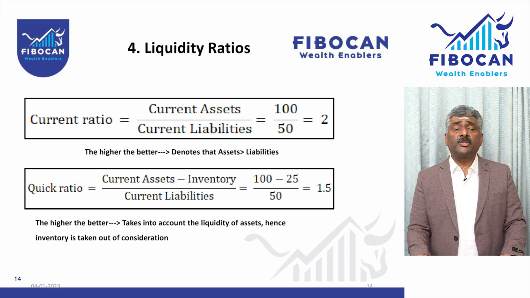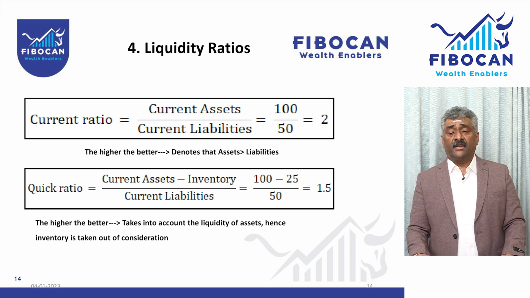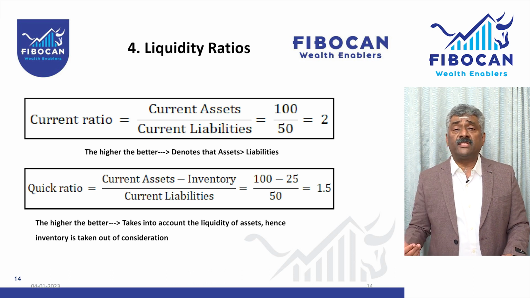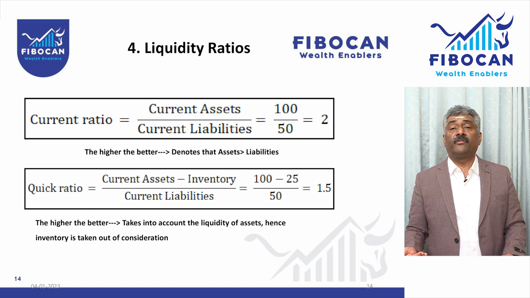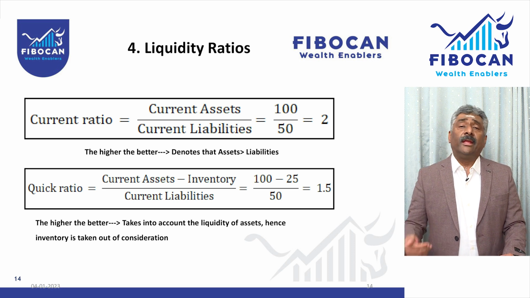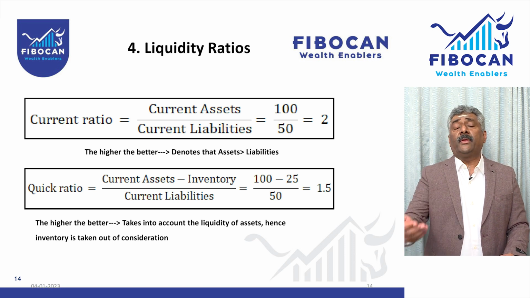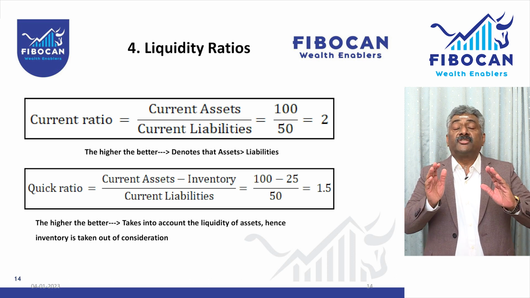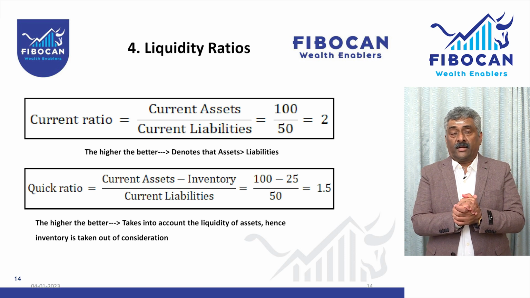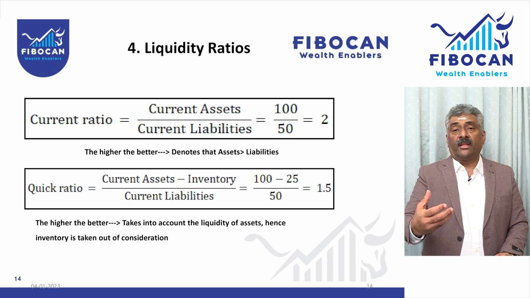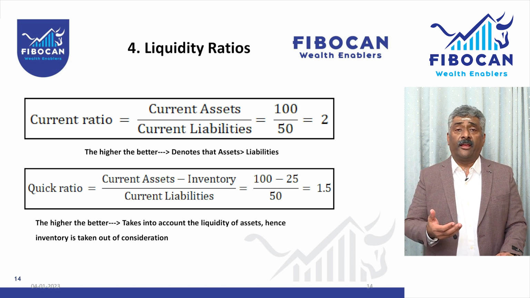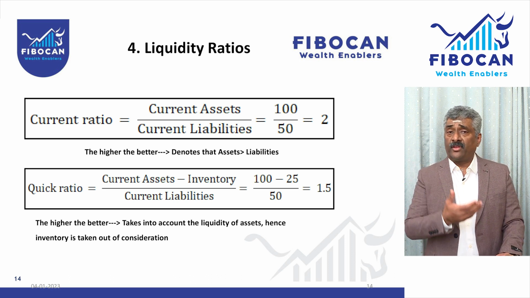Quick ratio is a more stringent way of measuring. What it does is that in the current assets we deduct inventories. Why do we deduct inventories? When we see the efficiency ratios, we will discuss that in detail also. Inventory is something where there is a time period before we get the money. That means though it is a current asset, it strictly cannot be considered as a current asset, because by the time the inventory is sold, somebody has to buy that product, and if it is cash and carry, then they will give the cash immediately.